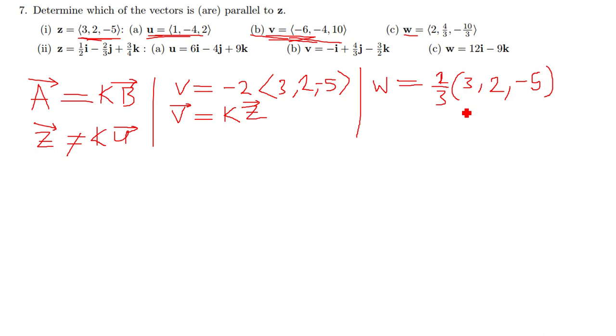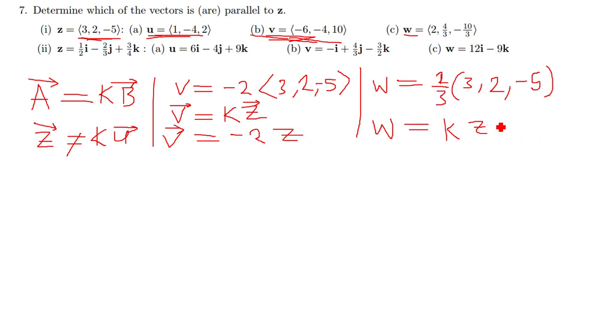So when you factorize this by 2 over 3, this is what you get, such that when you multiply through this, you go back to that. So this w can also be written now as k times z. So k times z, which one is our z? So this v, I just forgot to write this, can also be written as negative 2 times z.